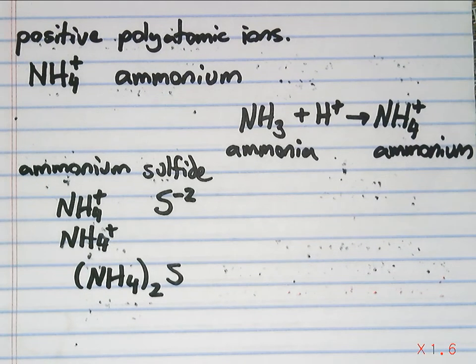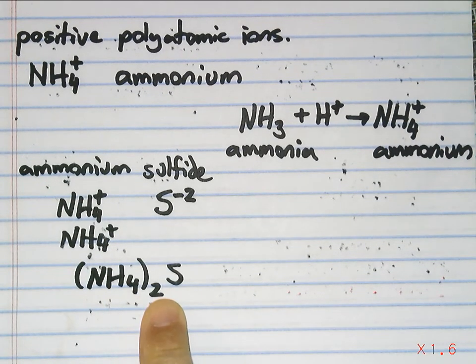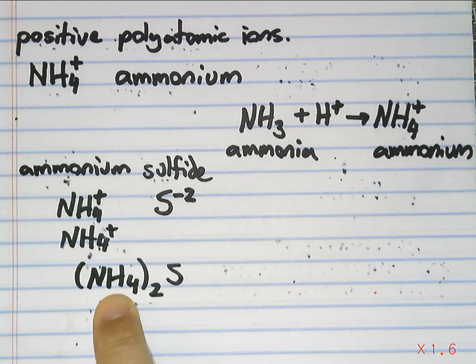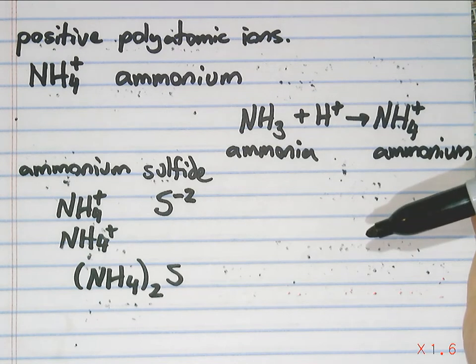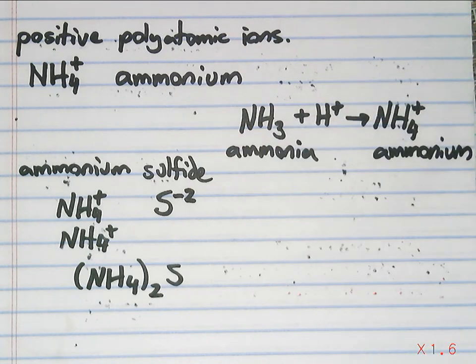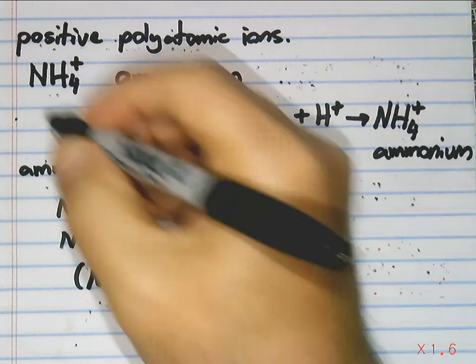I pushed the ions together so I didn't have to write the charges in anymore. And I put parentheses around the NH4 because there's more than one ammonium in here. All right, so what other positive ones should I know? This is a weird one.